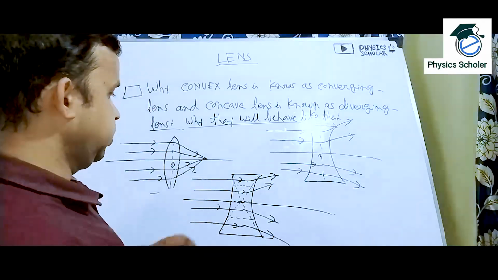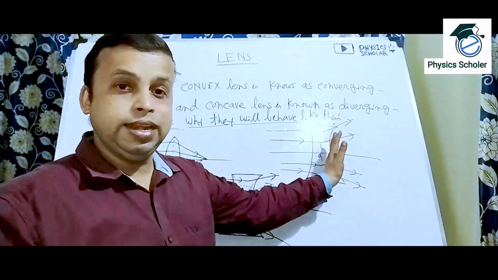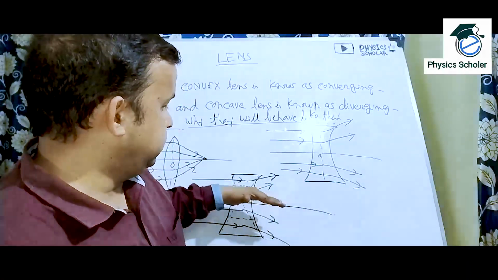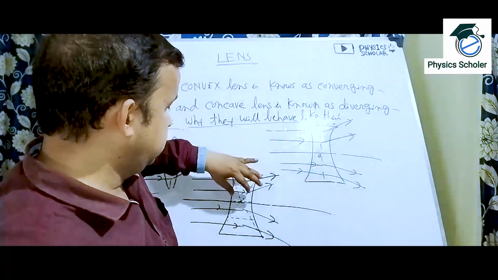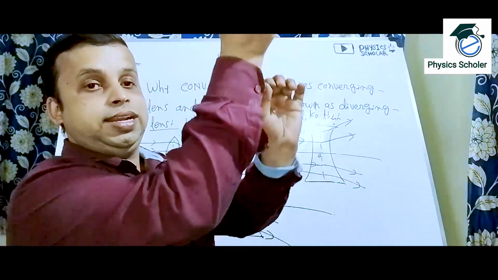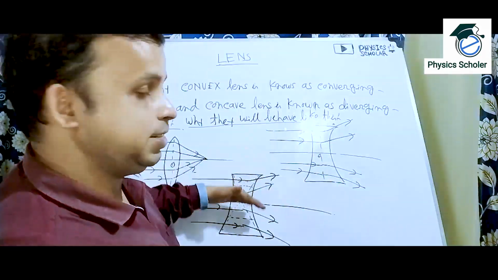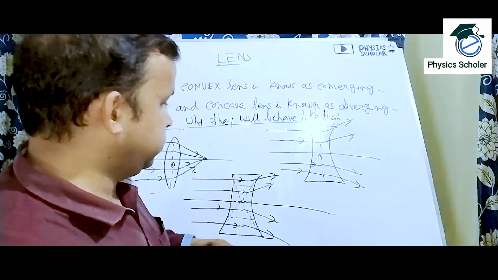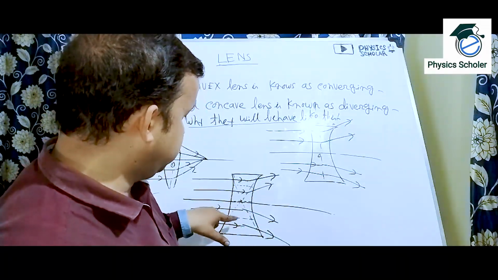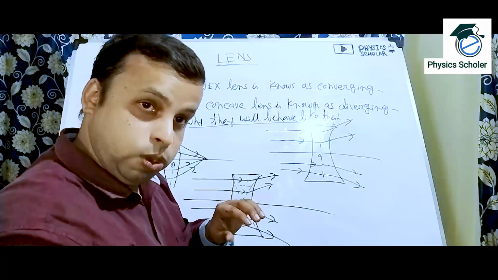So see what happened in the case of the concave lens. It is the principal axis. The upper portion of the concave lens can be considered a combination of prisms where the bases are situated at the upsides, and the lower portion below the principal axis may be considered of prisms where the bases are downwards.